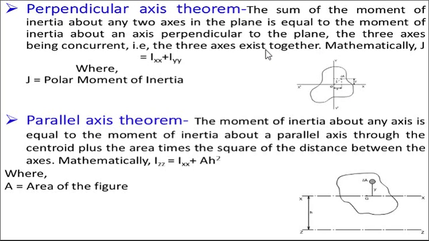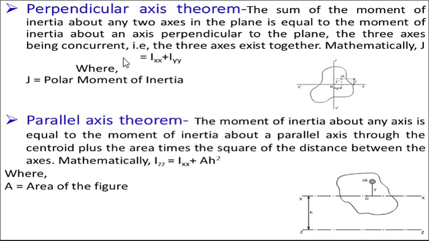So mathematically it is written that Ixx, that is the moment of inertia about x axis, plus moment of inertia about y axis, is equal to moment of inertia about zz axis, which is called the polar moment of inertia. And that is symbolically represented by J.